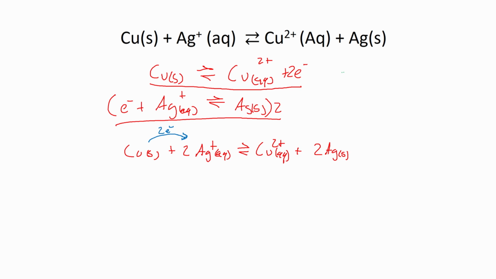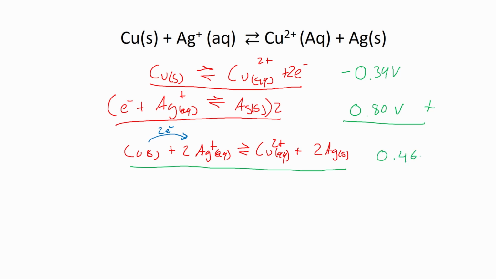So actually our voltage for this half reaction is negative 0.34 volts. And remember, our silver reduction potential was 0.80 volts. And so if you wanted to find the total cell potential of our final reaction, all we have to do is sum these two numbers here. And this will give us a voltage of 0.46 volts.